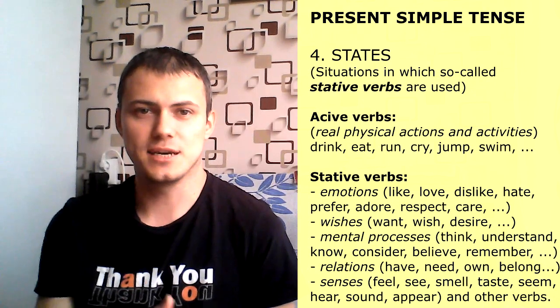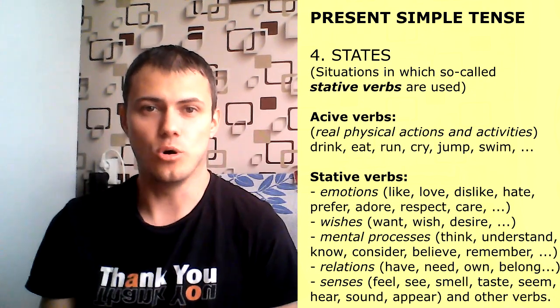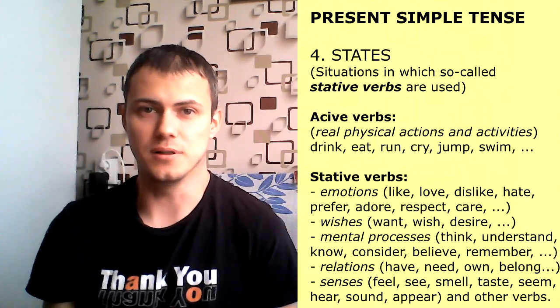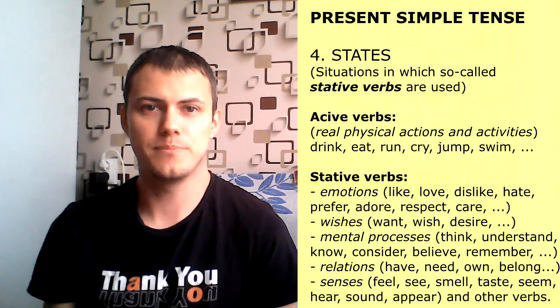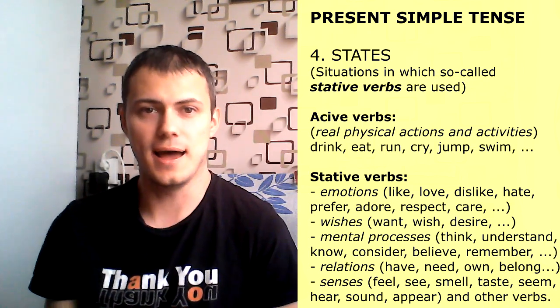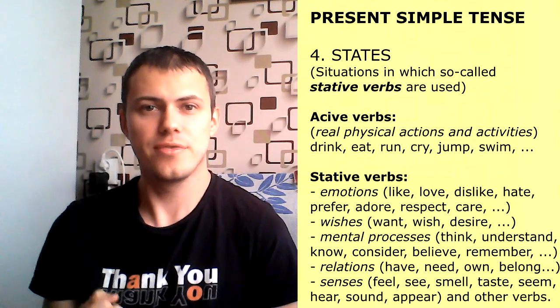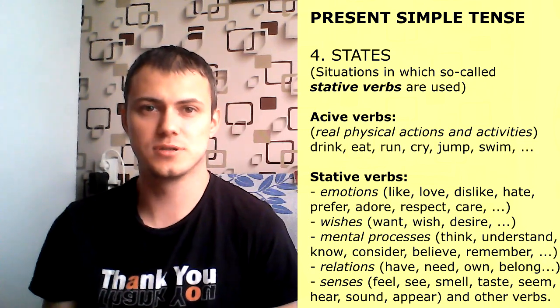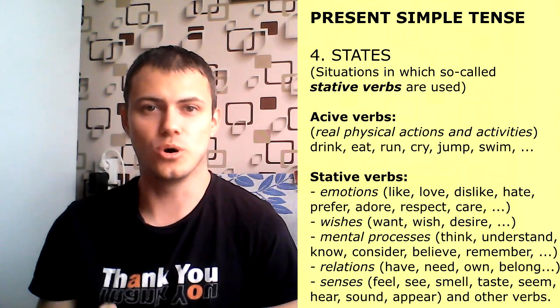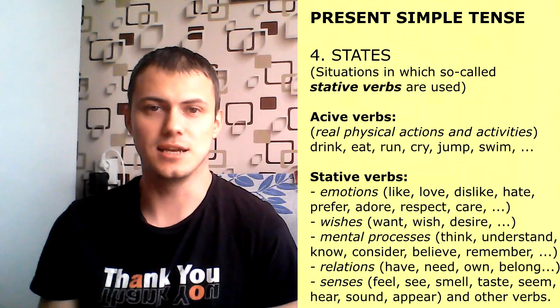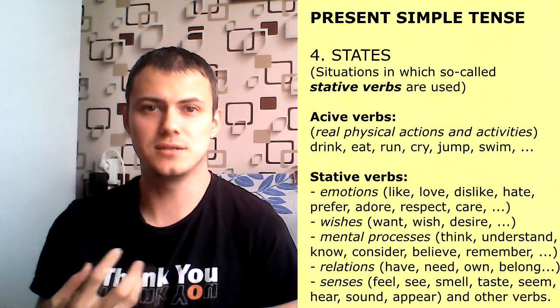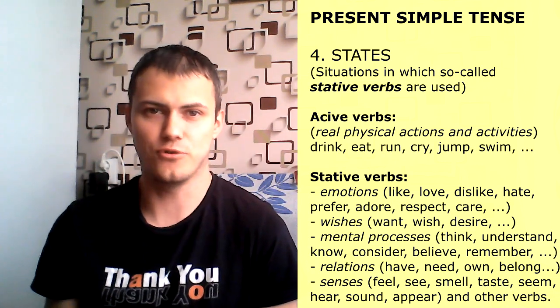Verbs of possession or relations are also stative verbs. For example, have, own, possess, belong, and others. So there are many stative verbs, and we don't normally use stative verbs in continuous or progressive form.